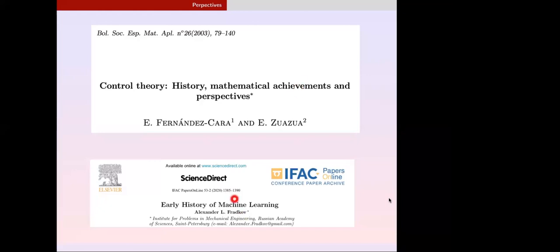I also wanted to mention another paper that was published last year. It's a short paper, just 5-6 pages, by the Russian mathematician Alexander Fradkov, where he presents the early history of machine learning. It's very interesting, because he is talking mainly about the Russian school, where you see names like Kantorovich, who won the Nobel Prize for transport theory in economics.